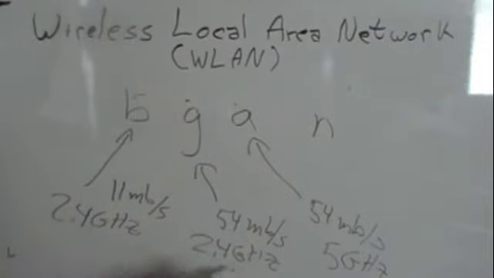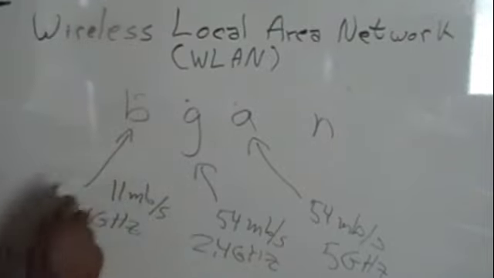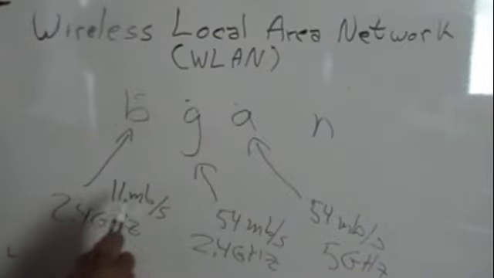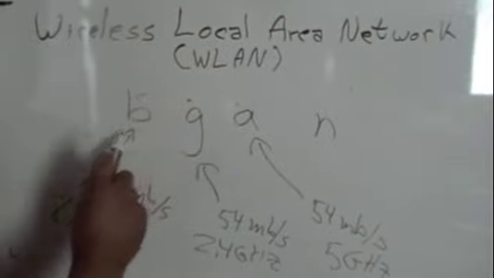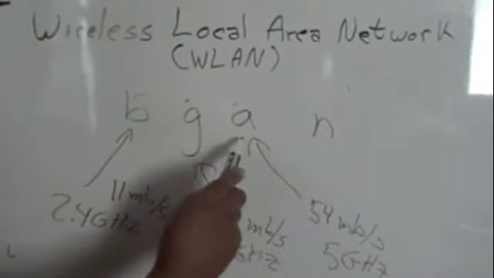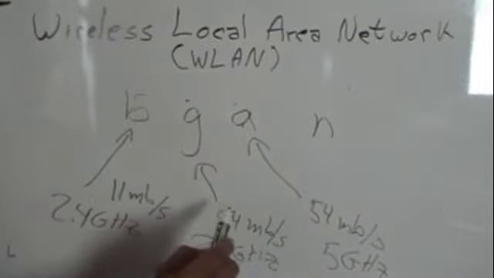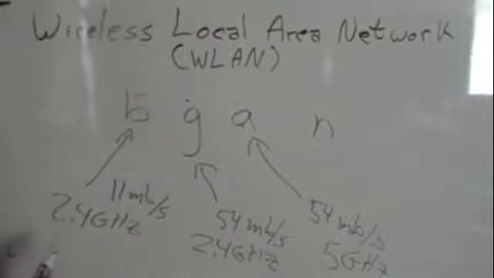And then we have B at the same frequency, and you're wondering why, at a slower data rate. Well, this is a simpler modulation scheme and allows for the greatest range. With these modems, behind the scenes, it's automatic that it scans, and if you have an N system, it's going to try to see if it can get A to work first. If it can't, then it drops to G. And if it can't, then it drops to B.